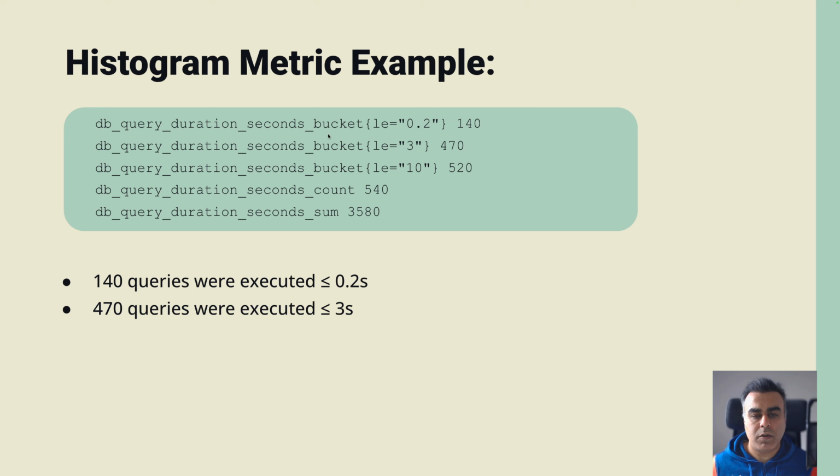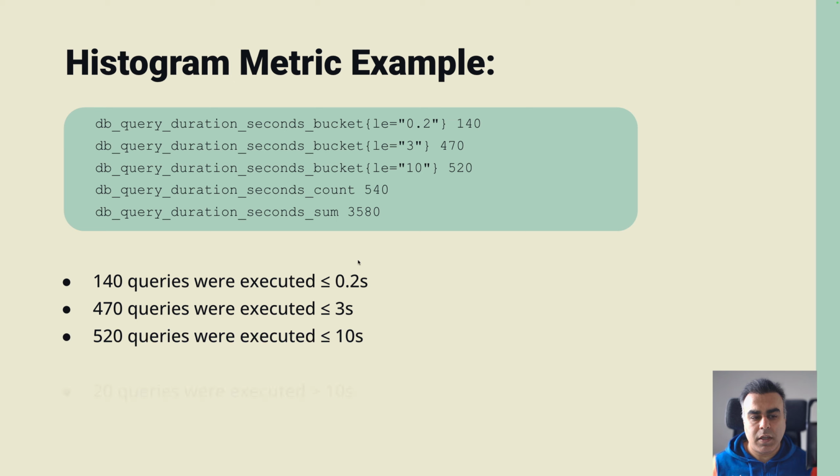So if I want to know how many queries were executed in less than 200 milliseconds, I can use the histogram. And also the final part is that the number of requests executed in less than 10 seconds is 520. And we have the total count of the observations, which is 540.